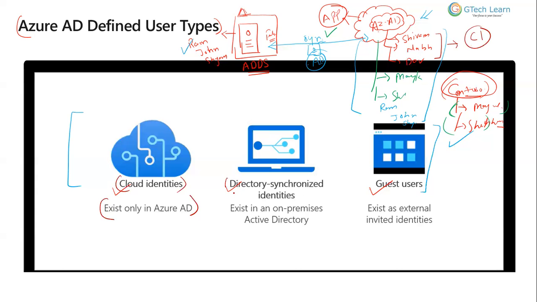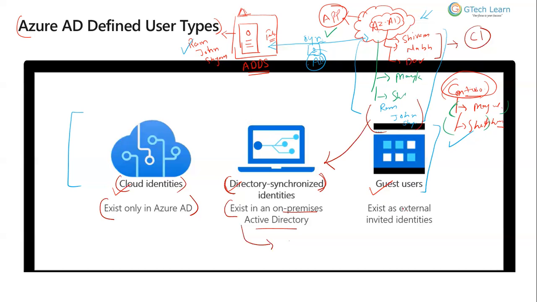Then we have a directly synchronized identity. The users which exist in the on-premises Active Directory, and we sync those users towards the Azure Active Directory, are known as directly synchronized identities. So in my scenario, users Ram, John, and Sham are going to be directly synchronized users.